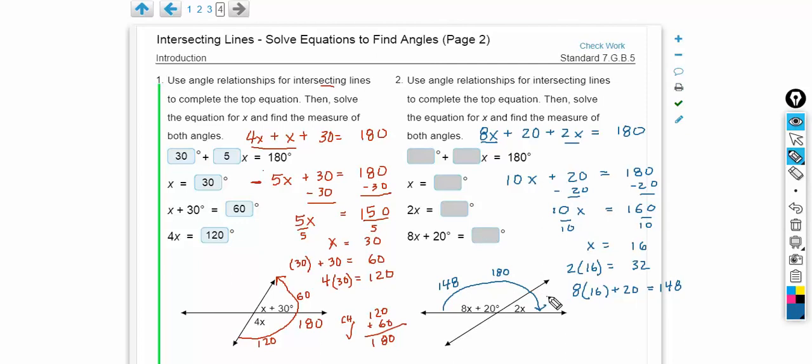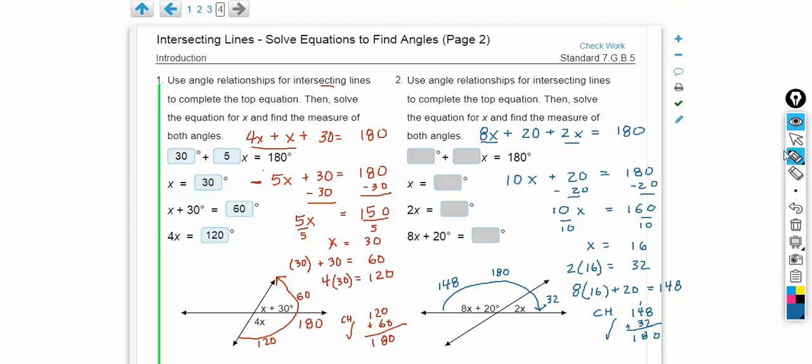and this is 32, and when we add them together, they should equal 180. Okay, so we check and we do 148 plus 32. 8 plus 2 is 10, carry the 1. 7 plus 1 is 8, that equals 180.